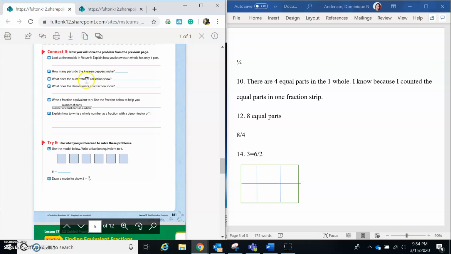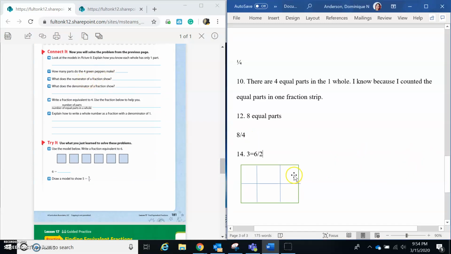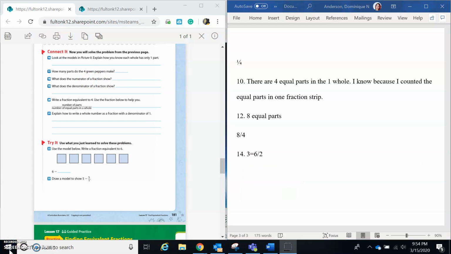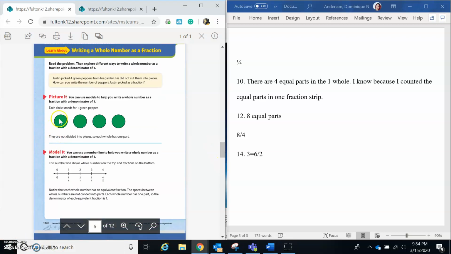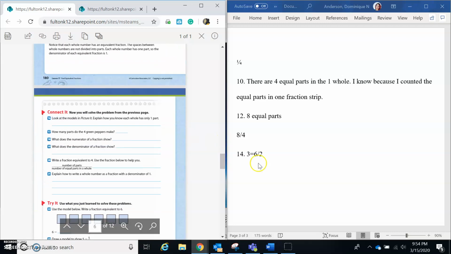Alright, it says look at the models and picture it. Explain how you know each whole has only 1 part. So if we look, how do you know that each one has only 1 part? Well, because we know they are whole peppers. They were not cut into equal pieces.